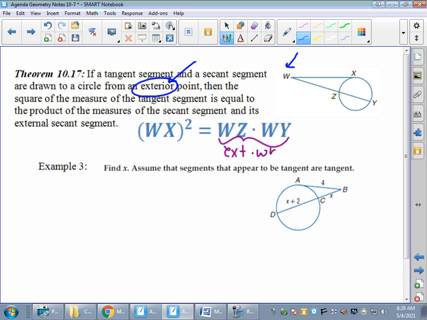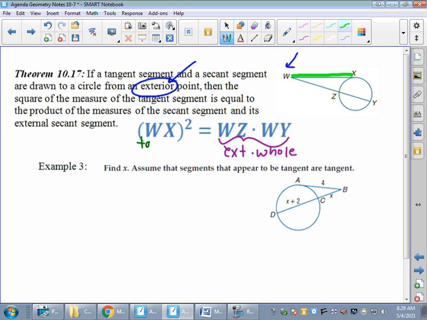If this seems hard to remember, or one more thing to remember, if you just look at that tangent segment, WX, we could technically say it's still the exterior part of that segment, the segment that's outside the circle, times the whole segment. So technically, tangent squared is the same as exterior portion times whole.